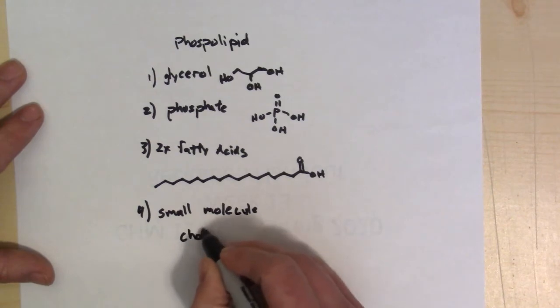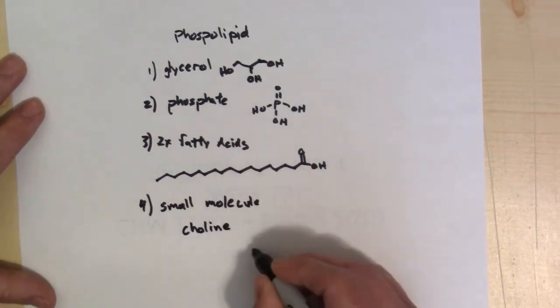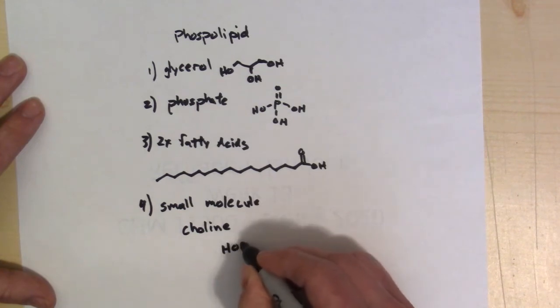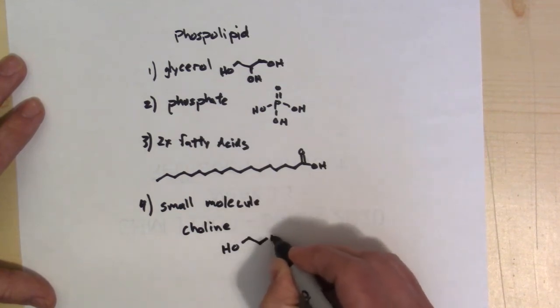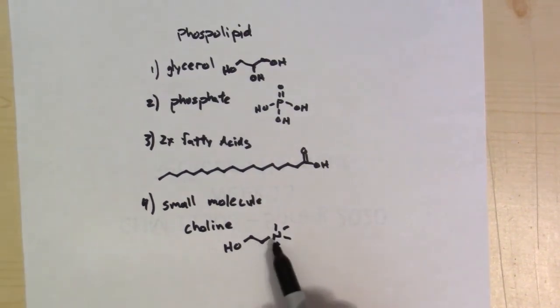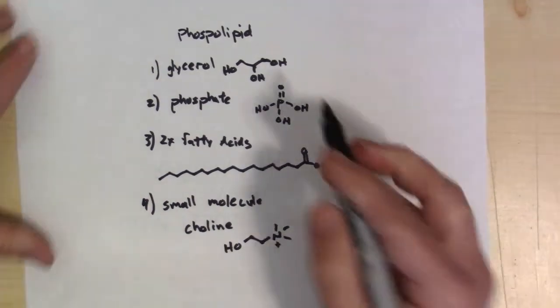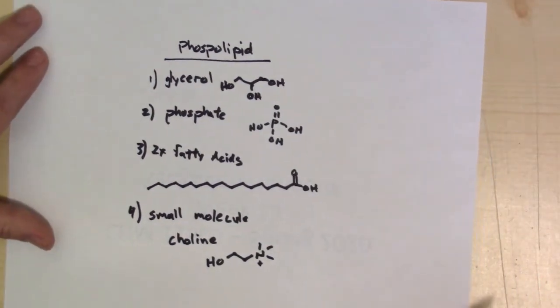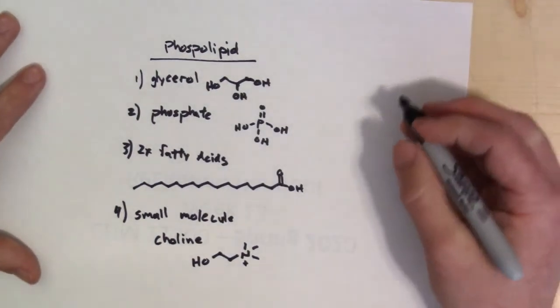So choline, and that looks like this. So an alcohol with a 2 carbon chain, and then a nitrogen with 3 additional methyl groups. These are the 4 parts that comprise a phospholipid, and they are connected like this.